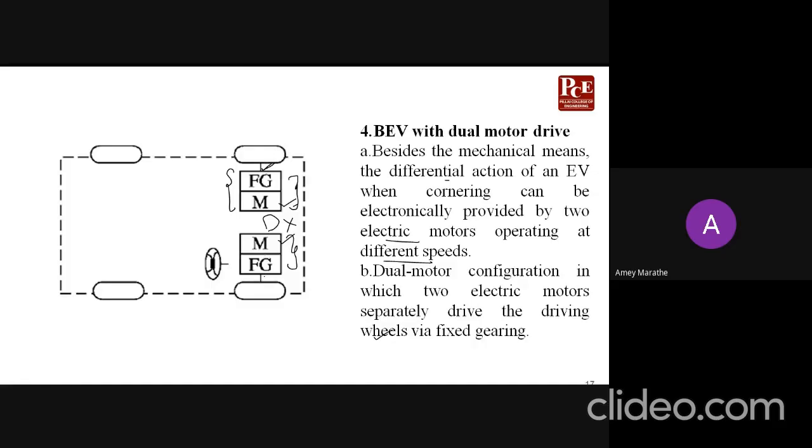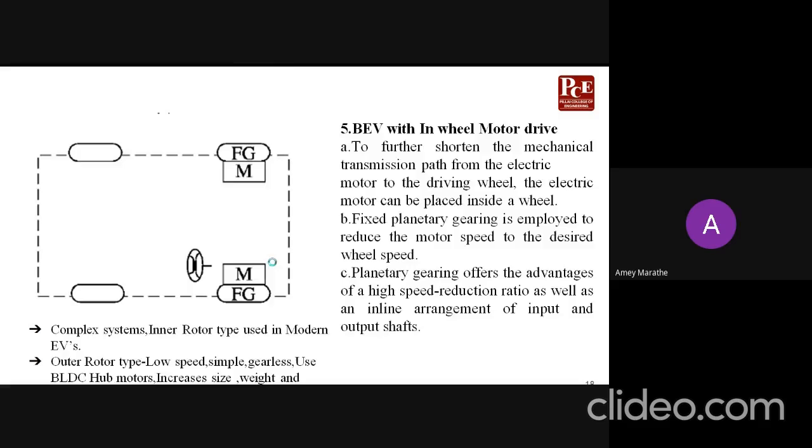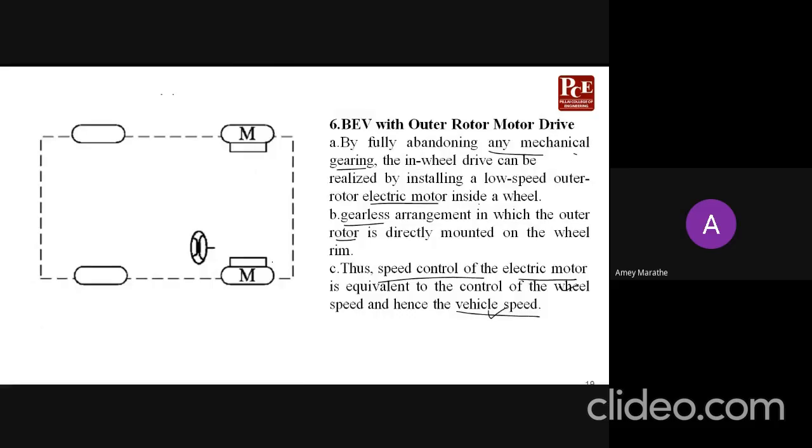So we still have some mechanical links here. To do away with these mechanical links, what do we have? We have an in-wheel motor drive. And then the last one is an outer rotor motor drive, so the motors are directly fitted onto the wheel rims.